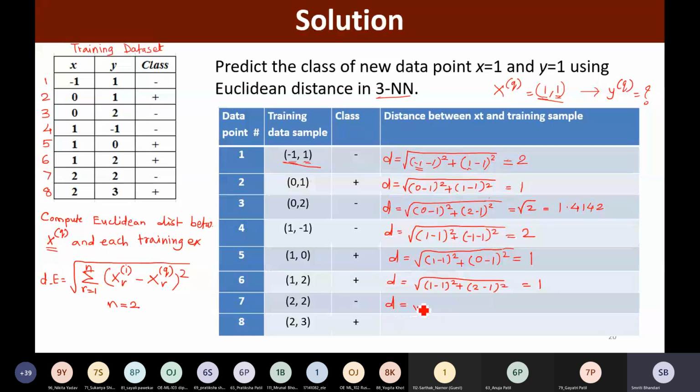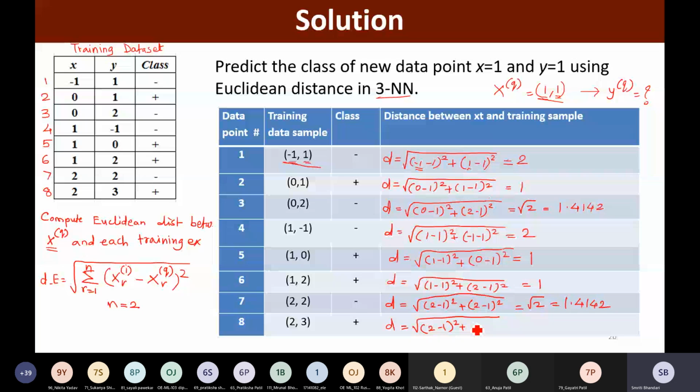Now for this, D equal to square root of 2 minus 1 square plus 2 minus 1 square. So 2 minus 1 is 1 square. So 1 plus 1, 2. So square root of 2. So once again it is 1.4142. And for this, 2 minus 1 square plus 3 minus 1 square.